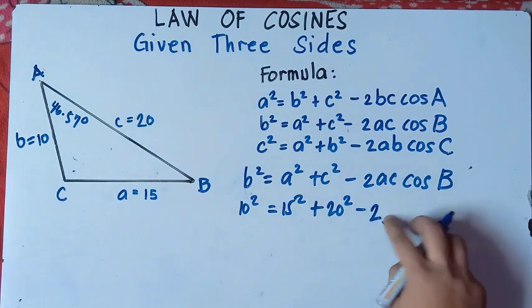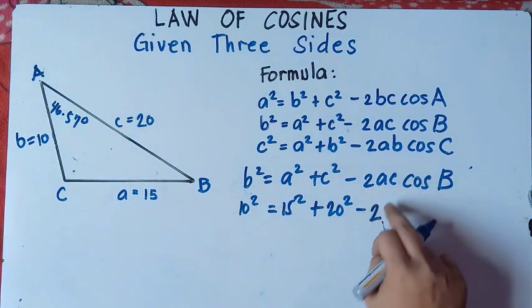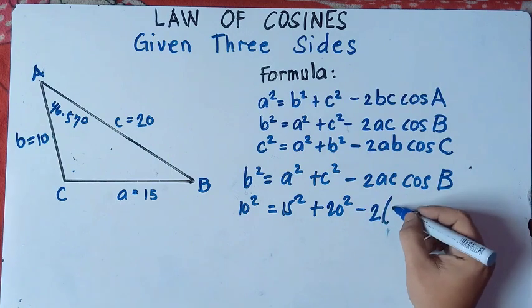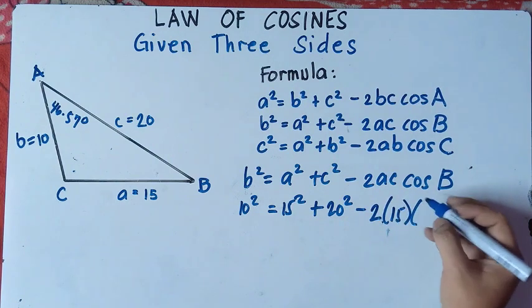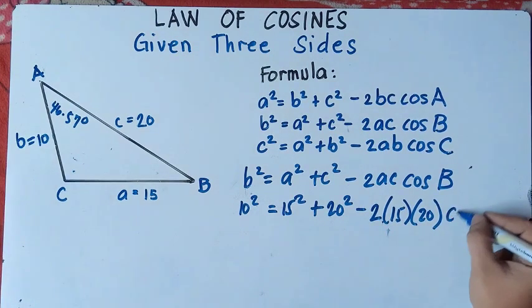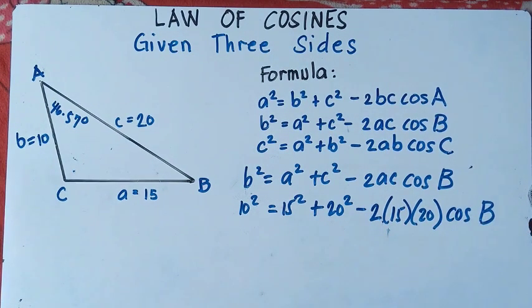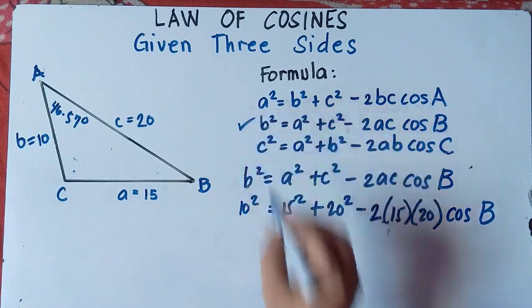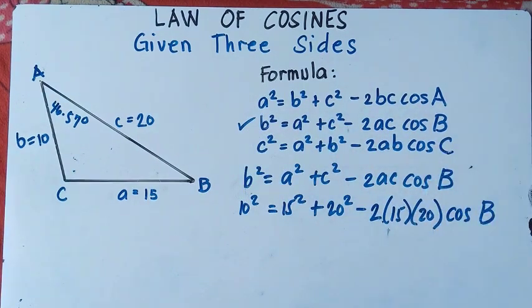Do not forget multiplication, because the variables are close to each other, it means multiplication, times 15. C is 20. Alright, and cosine, we're told to find B. So we use this formula, class, to find this angle B.